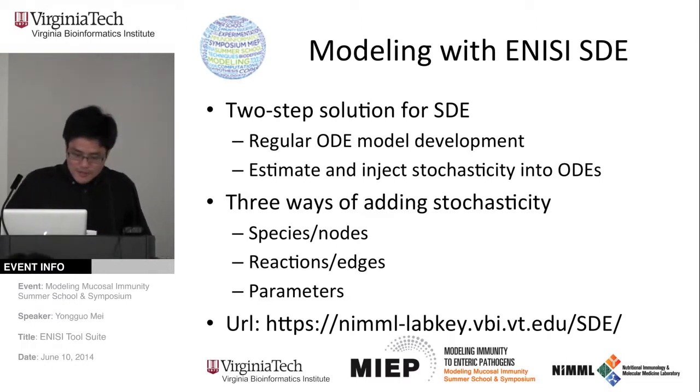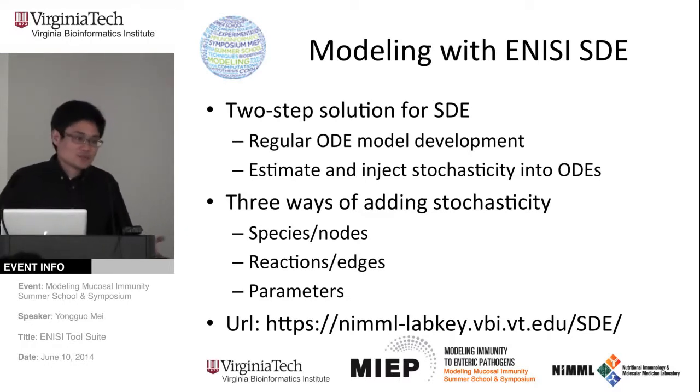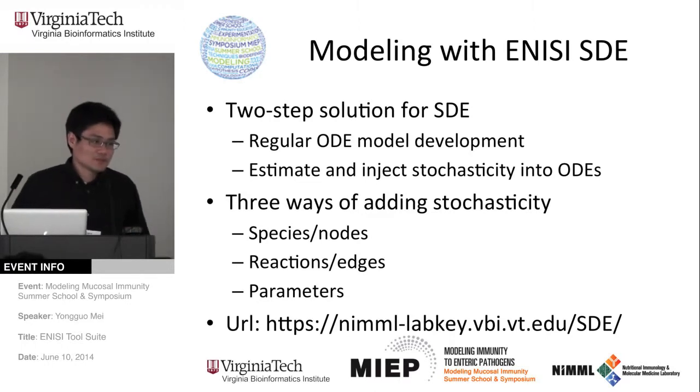So as I already said, right now we provide three ways of adding the randomness into these equations. You can add directly to the species. You say, well, I already observe TH17 cells with 5%, 6%, 10% variation. Sure, you can add it at the species level. Or you can say, well, the reaction has some randomness.